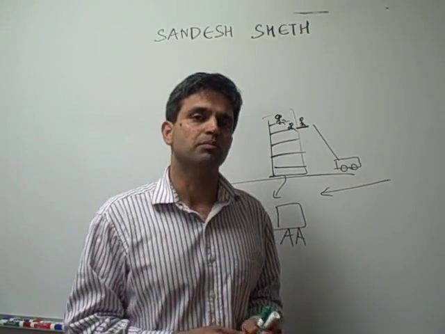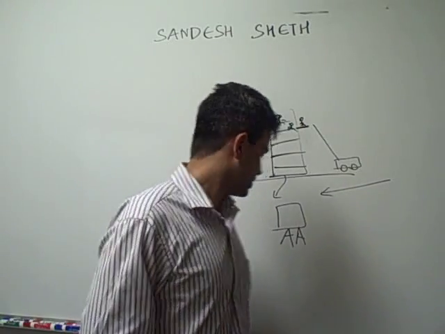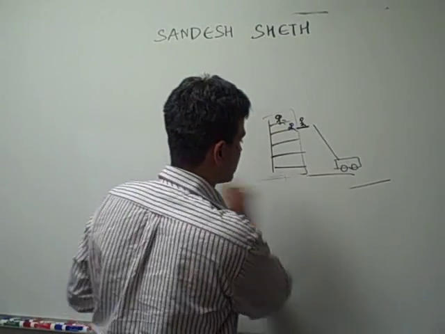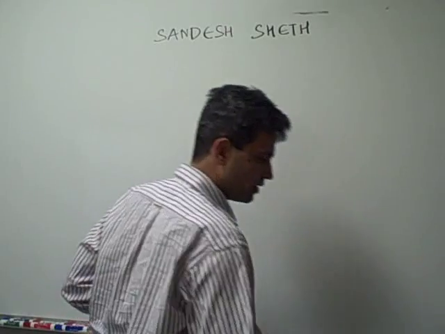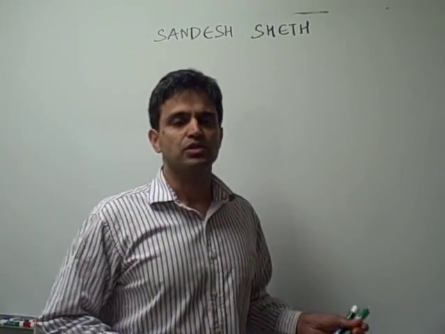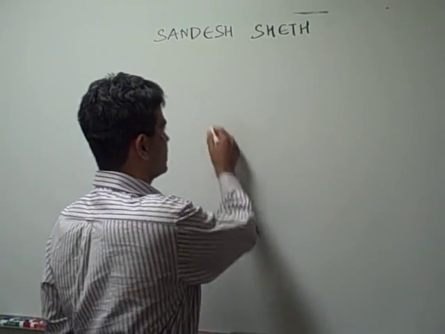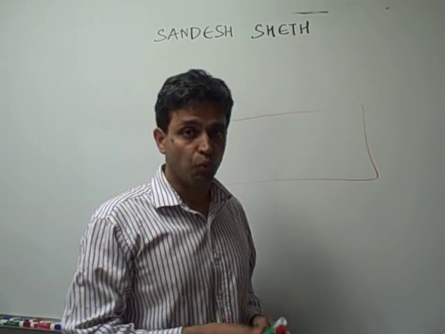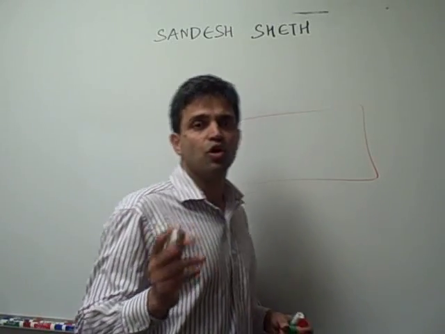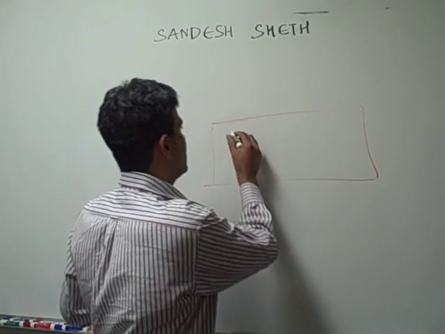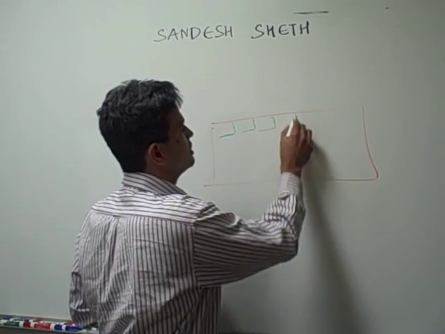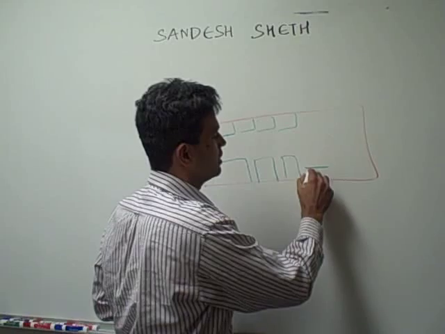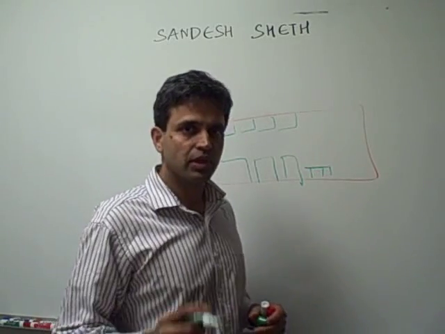So what all should be a part of the flow plan? A flow plan should contain the following details. It should be a representation of the floor with the arrangements of the people depicted as they are on the floor. So these are various cubicles, these are offices, these are workstations.